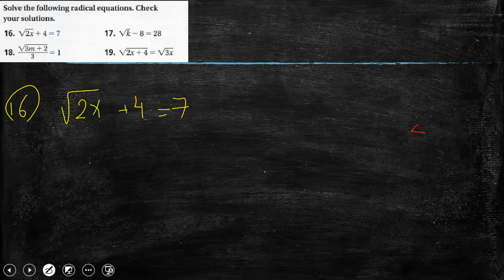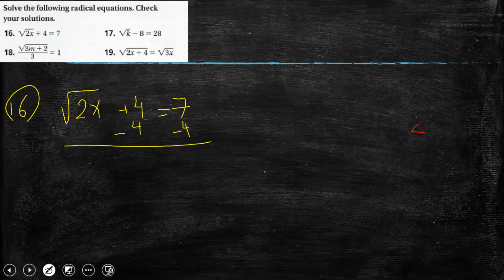What is the first step here? We will subtract 4. Yes, you have to subtract 4 from both sides, because I want to put the radical expression on one side and a number on the other side. You have to isolate the radical.